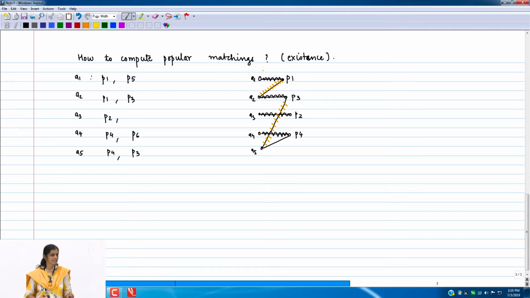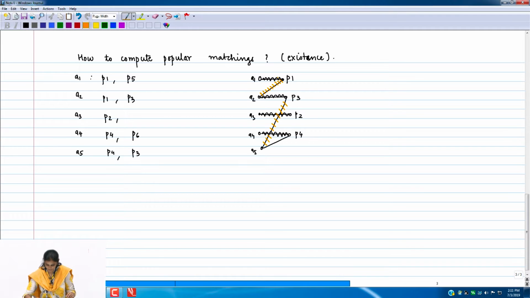So this matching is not a popular matching because the rest of the applicants remain matched to the same edges, that is A4 is matched to P4, A3 is matched to P2, but I get 2 votes for the yellow matching versus I lose 1 vote. The yellow matching should be clear: these edges are changed, A1 is unmatched.